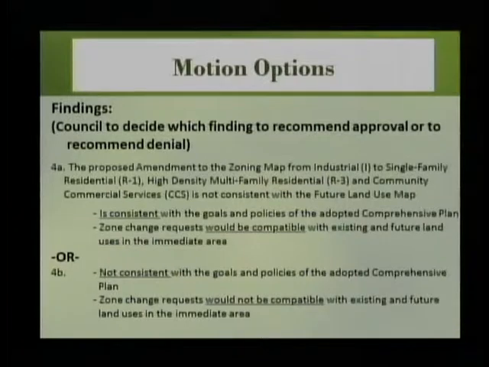Obviously, the Planning and Zoning Commission has moved forward 4A, finding that it is consistent and would be compatible with the existing and future land uses, rather than 4B, it's not consistent and would not be compatible with the existing and future land uses.